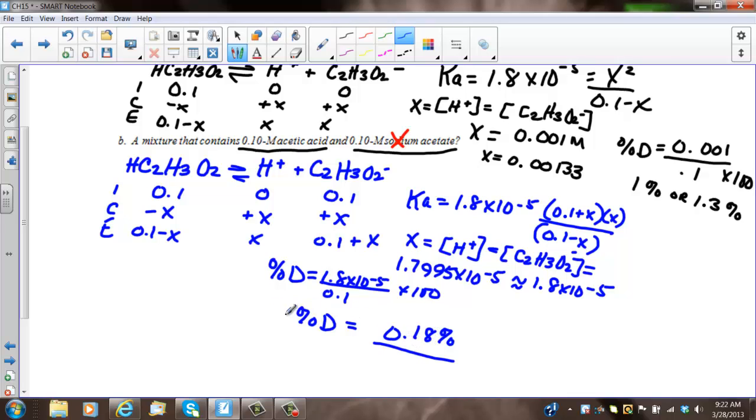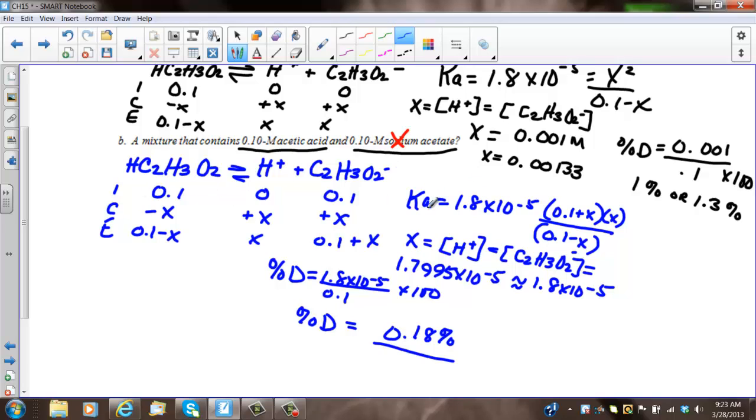This should make sense because here the dissociation of the weak electrolyte, meaning the acetic acid, is decreased by the addition of a strong electrolyte that has an ion in common with the weak electrolyte. So my weak electrolyte is the acetic acid.